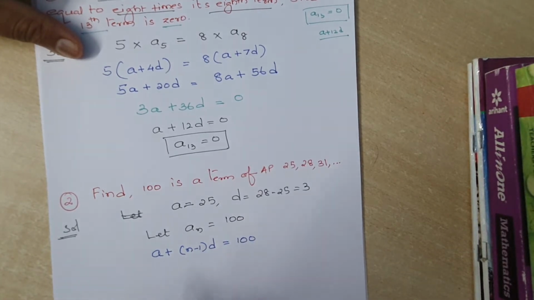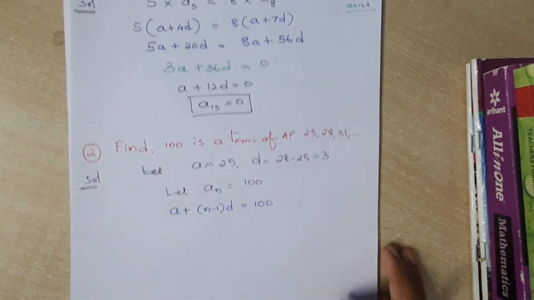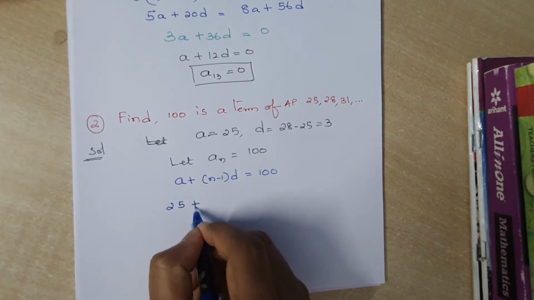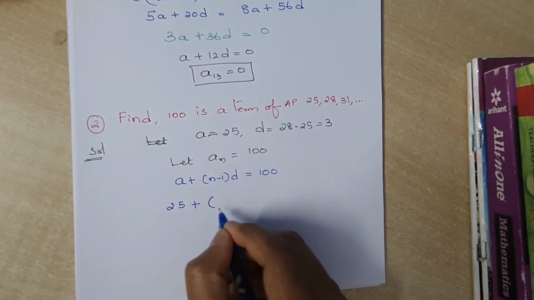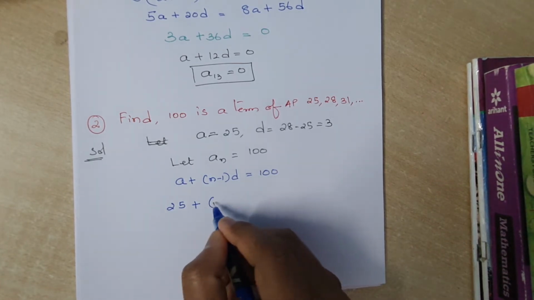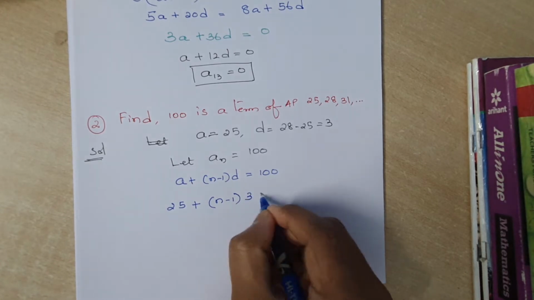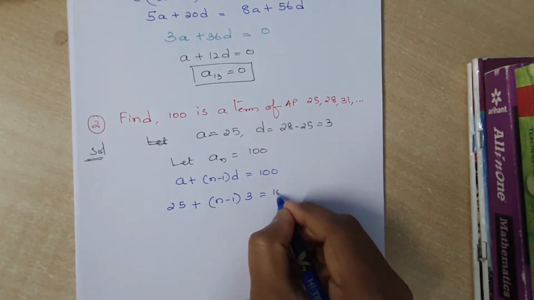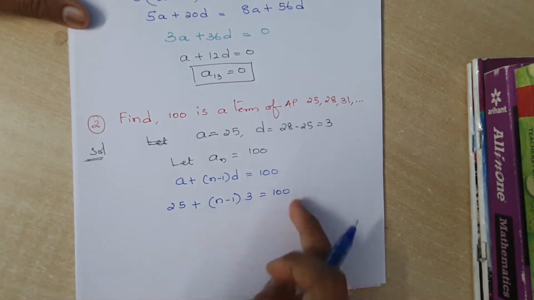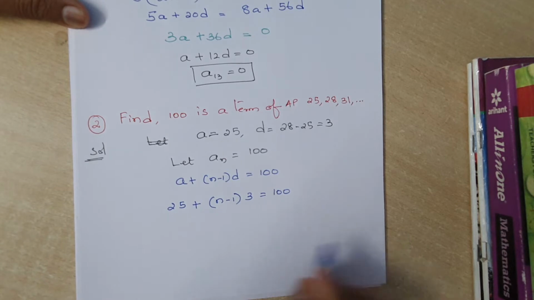Now let us substitute the values of A and D. So in place of A, 25, plus (n minus 1) into D, D is 3. So when you transpose 25, you will get 100 minus 25, that is 75.